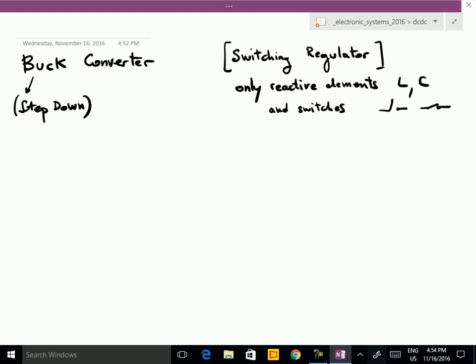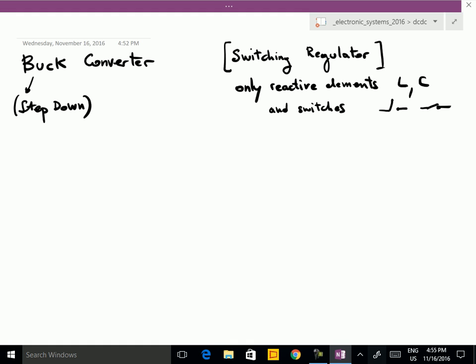The thing is that, of course, ideal inductances and ideal capacitances do not have power consumption. They do not consume power. The active power consumption is 0, and also an ideal switch does not have power consumption, because the power consumption is the product of the voltage times the current. But when the switch is off, the current is 0.